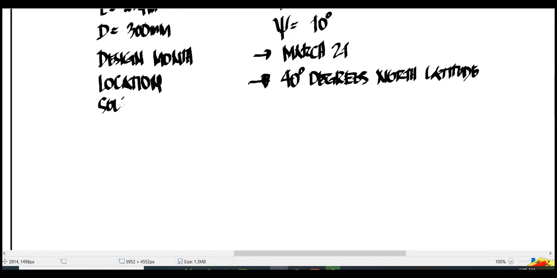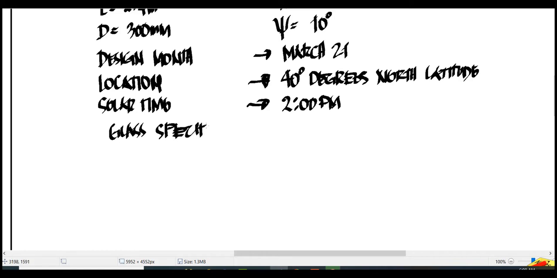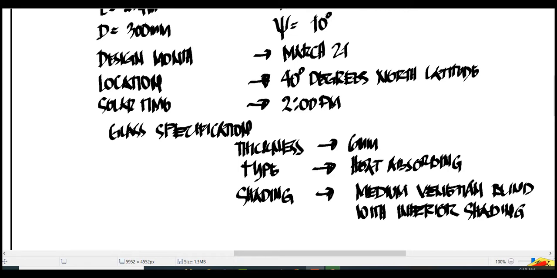And we have the solar time, which is 2 o'clock p.m. And for the glass specification, we have the thickness, and we have the glass specification properties.